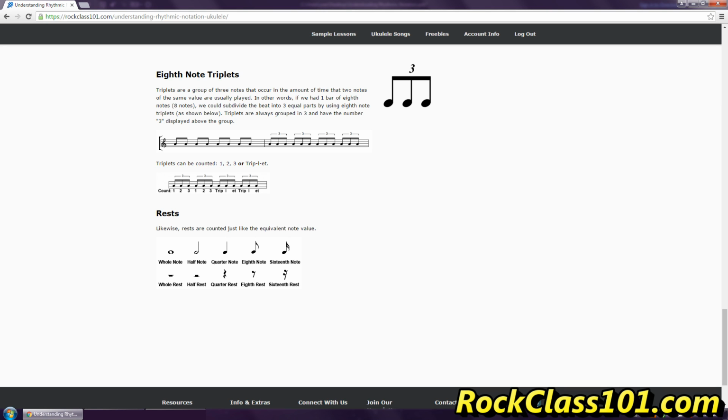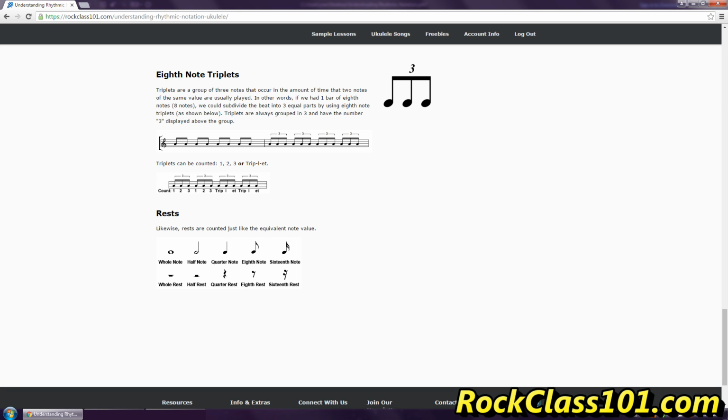So it's tricky, right? And there's a couple ways that we can count it. We can count it as 1, 2, 3, 1, 2, 3, 1, 2, 3, or we can count it as triplet, triplet, triplet. So 2 ways for you guys. Pick the one that's easier.